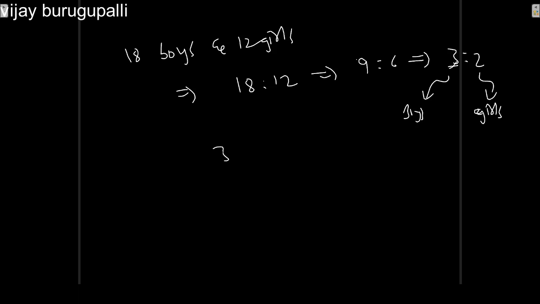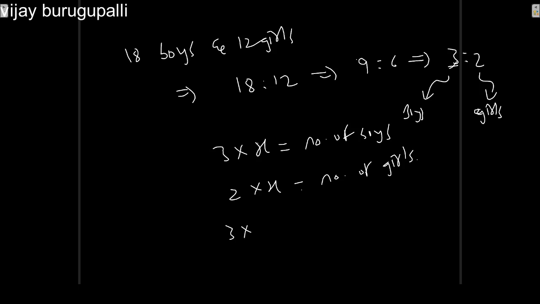It means that 3 into something will give the number of boys, and 2 into something will give the number of girls. Here in this case x is 6. 3 into 6 equals 18, and 2 into 6 equals 12. So in this way we can get the ratios.